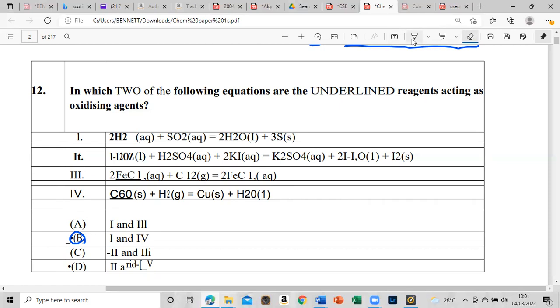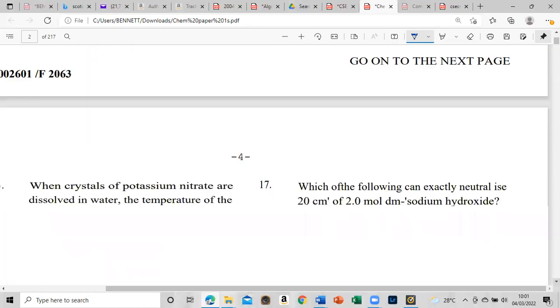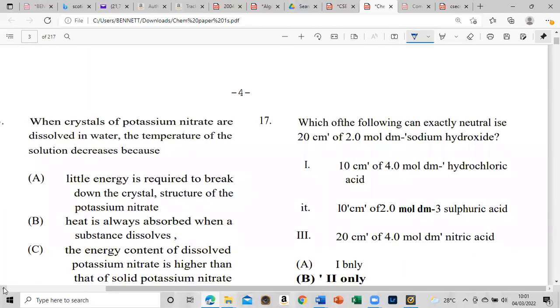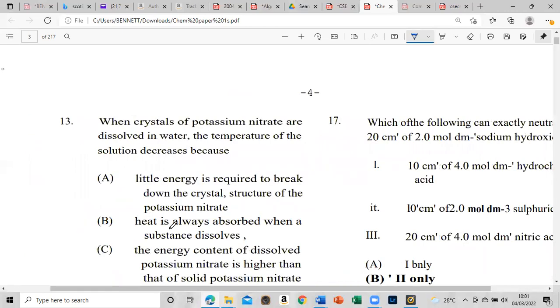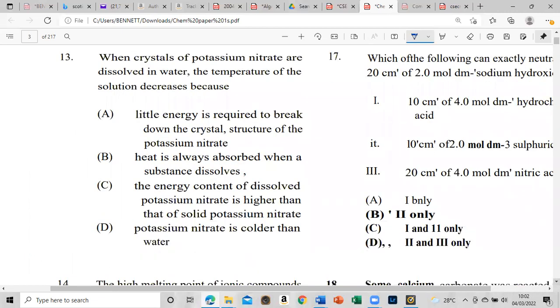All right, so let's move on to number 13. When crystals of potassium nitrate are dissolved in water, the temperature of the solution decreases because: A, energy is required to break down the crystal structure of the potassium nitrate; B, heat is always absorbed when a substance dissolves; C, the energy content of dissolved potassium nitrate is higher than the solid potassium nitrate; or D, the potassium nitrate is colder than water?